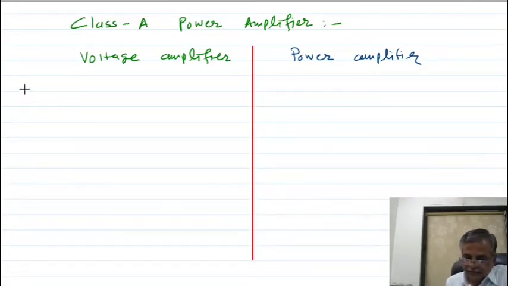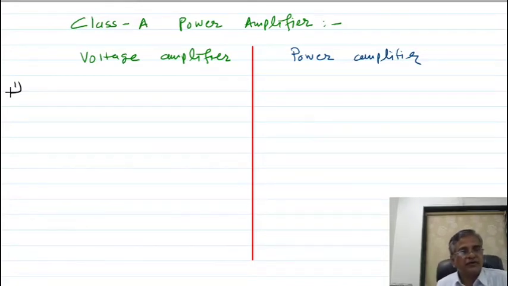See, first, a voltage amplifier is always operated in class A mode.